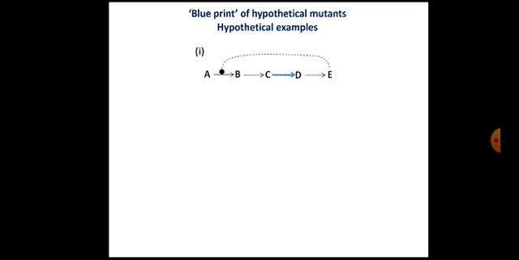So if this pathway is known and now we want to modify this organism for the overproduction of C.